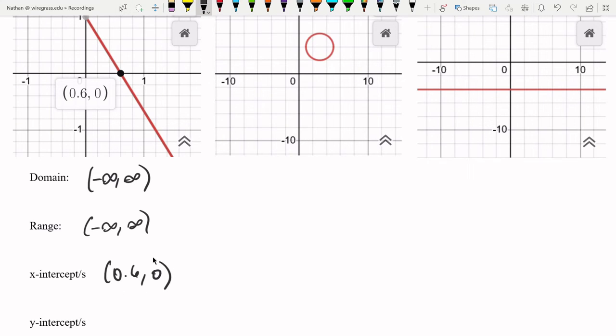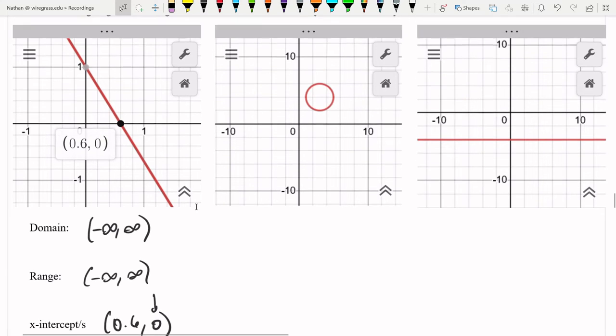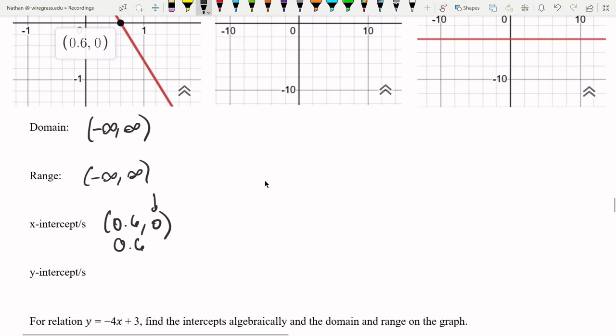In fact, since this coordinate will always be 0, all you really need to say for the x-intercept is the x-coordinate, 0.6. Because we know the y-coordinate has to be 0. And looking at this graph, the y-intercept, you can see, well, it's definitely at 1. So likewise, if I said the y-intercept is at 0, 1, I could just say the y-intercept is 1 because the x-coordinate of the y-intercept has to be 0.